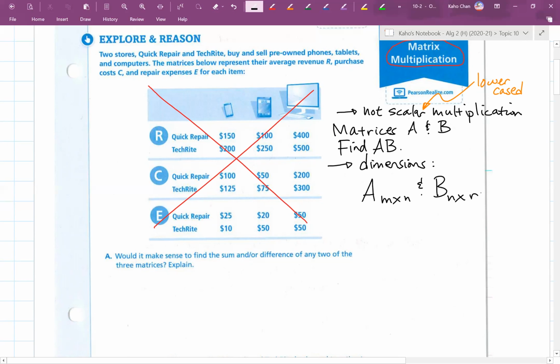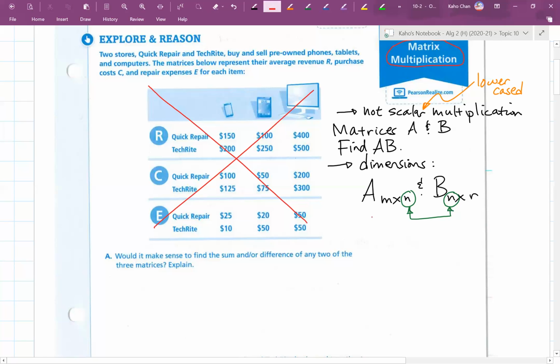In order for you to multiply two matrices together in this order, the number of columns of matrix A must match the number of rows in matrix B.